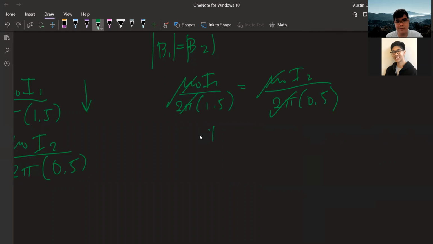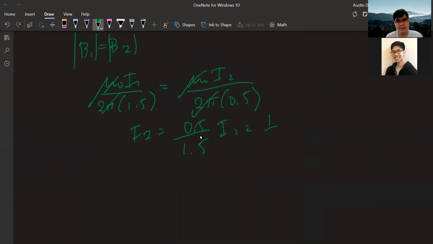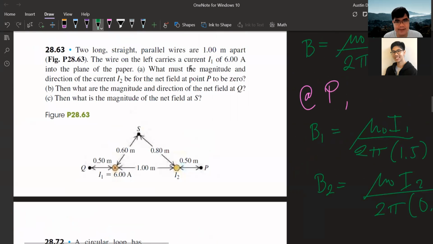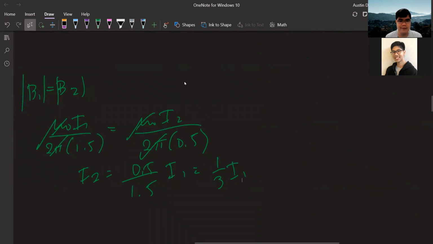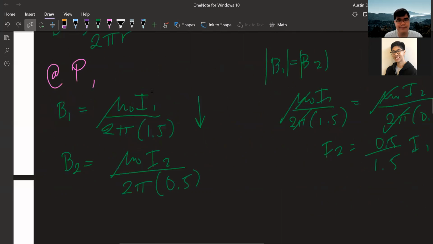Therefore, I2 must be equal to 0.5 over 1.5 of I1, or 1/3 of I1, and I1 is 6 amperes. So we have 2 amperes current for I2.